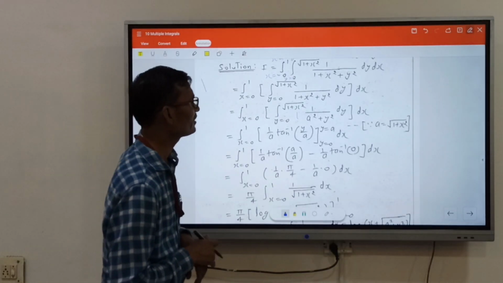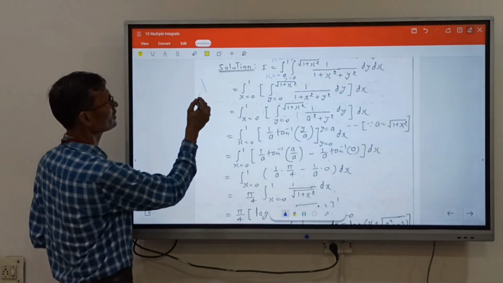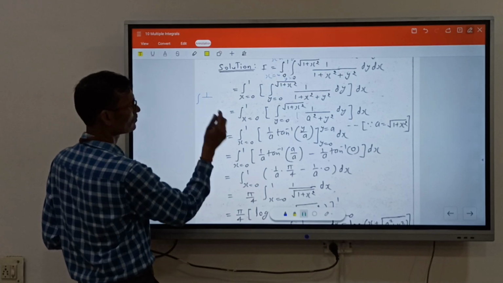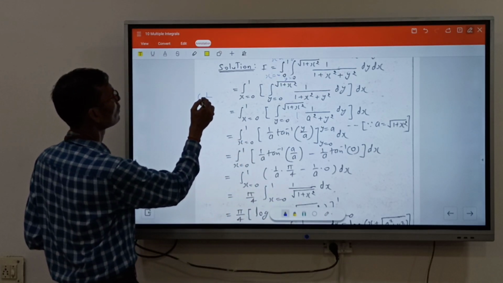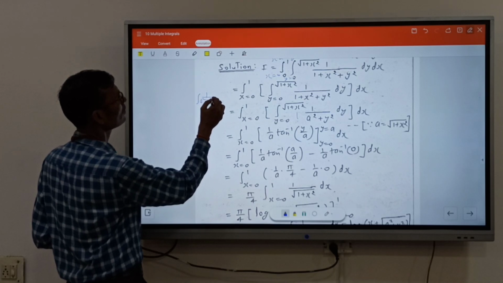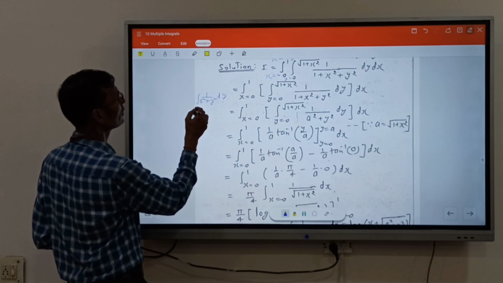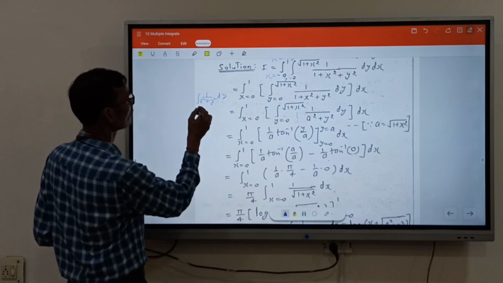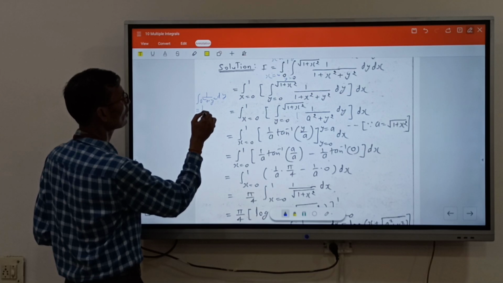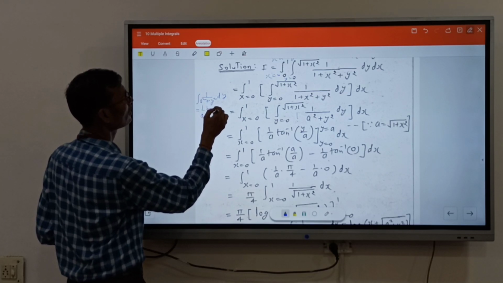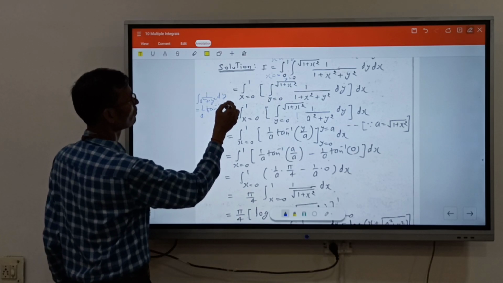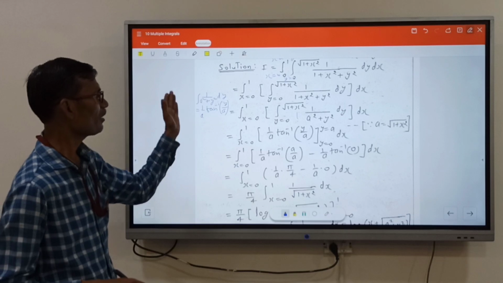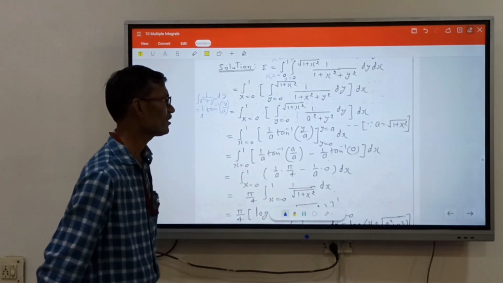The standard result says that the integration of 1 upon a square plus y square dy is equal to 1 upon a into tan inverse of y upon a. This is a standard result, so we have applied it here: 1 upon a into tan inverse of y upon a.